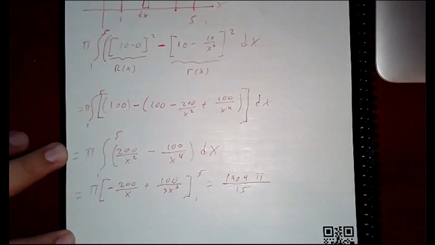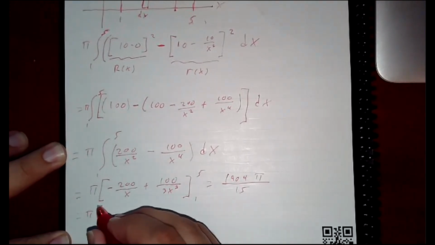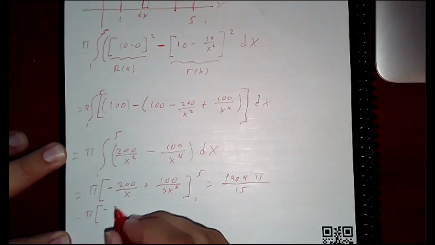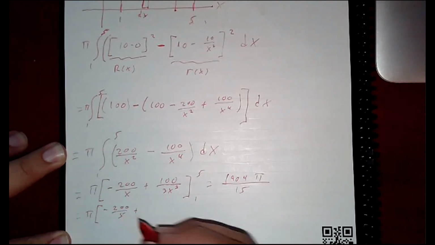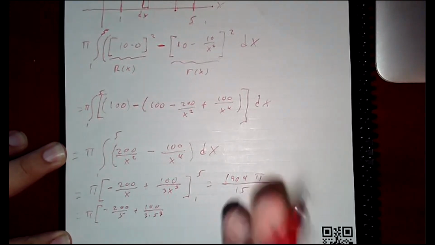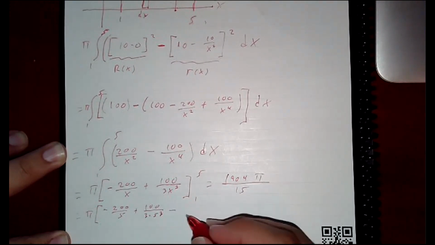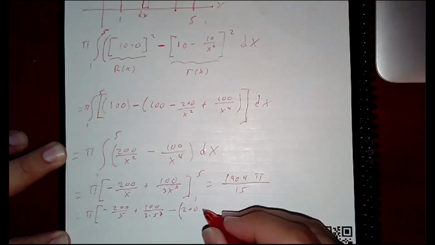All right, let's try it out now. Pi. So if I plug in, that'd be negative 200 over 5 plus 100 over 3 times 5 squared, cubed actually. Right? Correct. Minus, plug in the 1, that'd be 200. Oh, that's wrong.